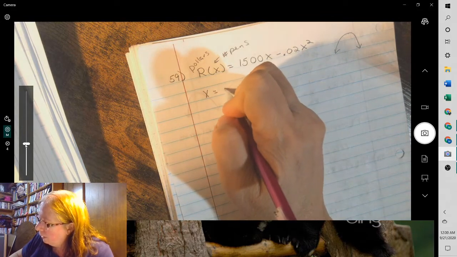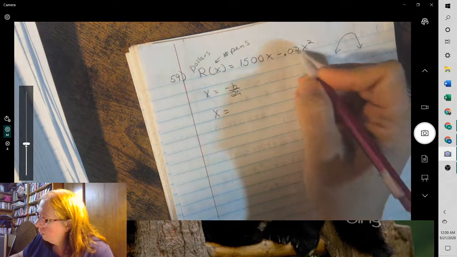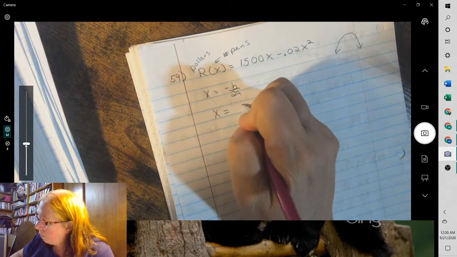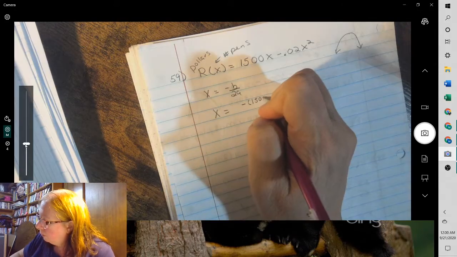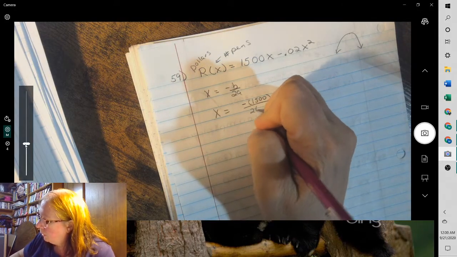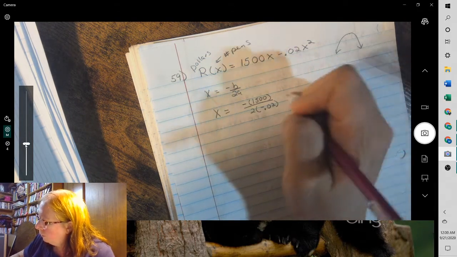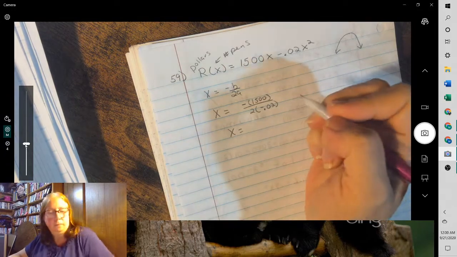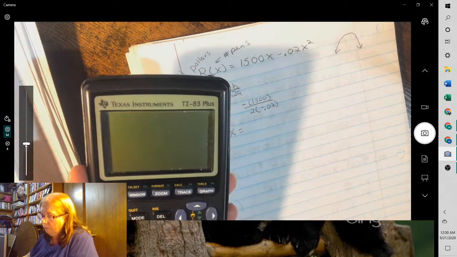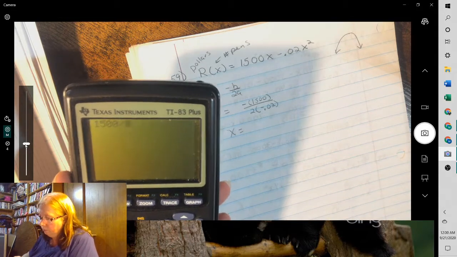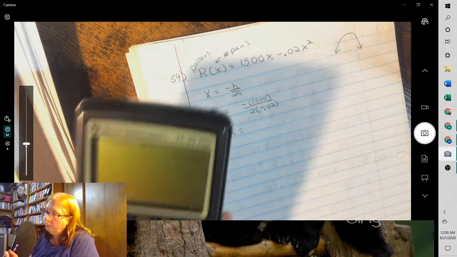Vertex is negative b over 2a. Putting in the negative, b is 1500 over 2 times a, which is the negative 0.02. We get 1500 divided by 0.04, 37,500.